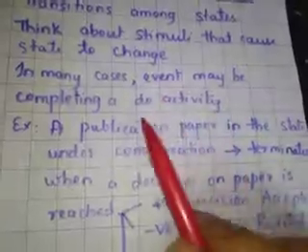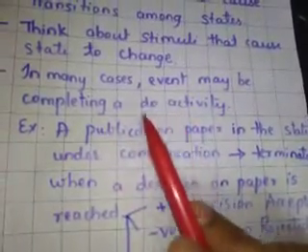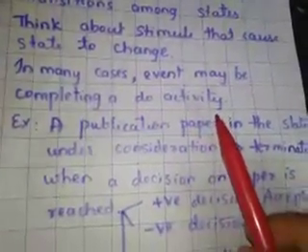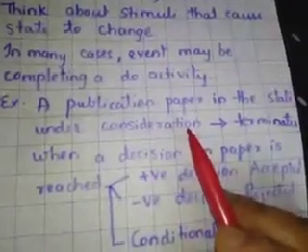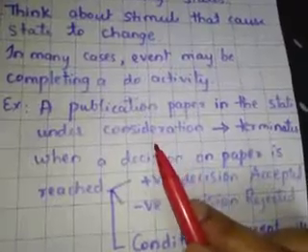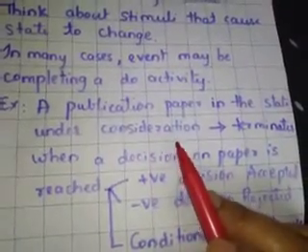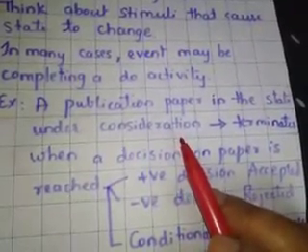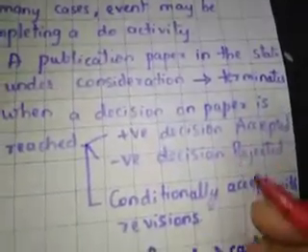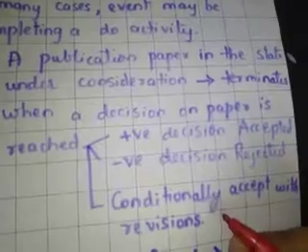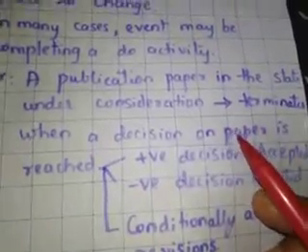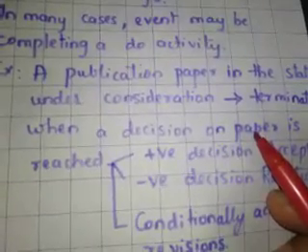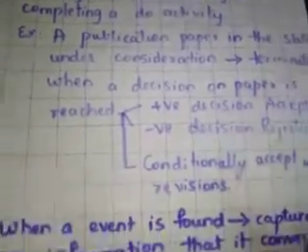Similarly, many events will be completing the do activity only. For example, when a paper is given for publication, it is under consideration until the reviewer goes through your paper and finally comes to a conclusion whether to accept it, reject it, or ask for some modifications. Under consideration is a do activity that is being carried out by the reviewer.